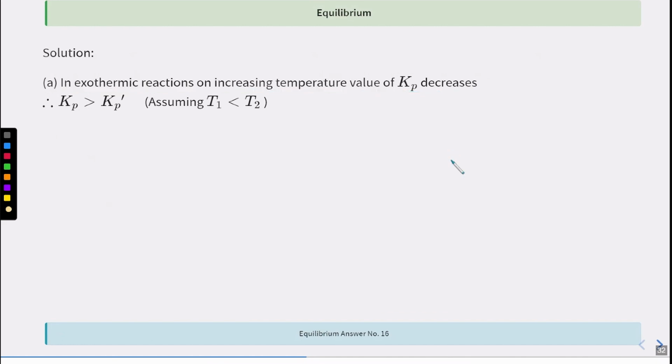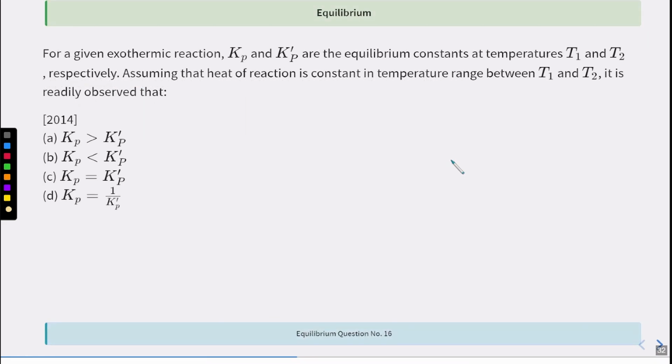So now you have a temperature T1, you have a temperature T2, and you have some reaction. Let us say our reaction is A plus B gives C plus D, and this reaction is exothermic. That means we are releasing heat. At temperature T1, the equilibrium constant is Kp, and at temperature T2, the equilibrium constant is Kp dash. Assuming the heat of the reaction is constant in this temperature range, the heat being released is constant.